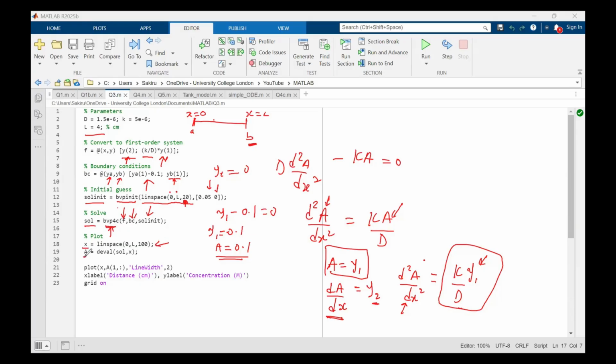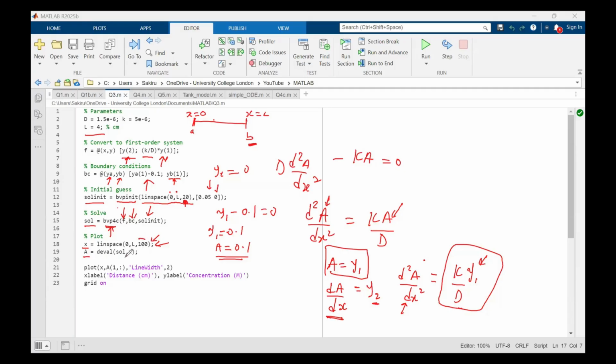So x and A. If you plot, x is linspace 0 to L, so basically you are creating another array from 0 to L, and we want 100 grid points.